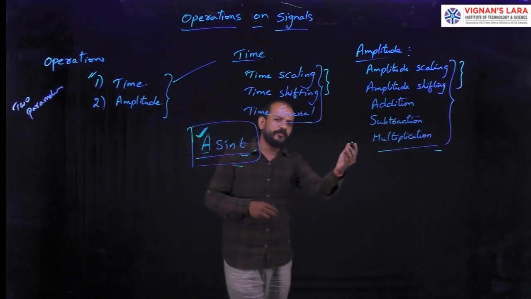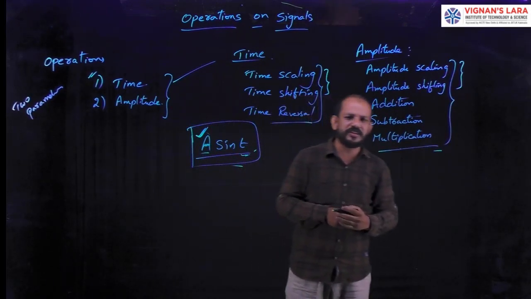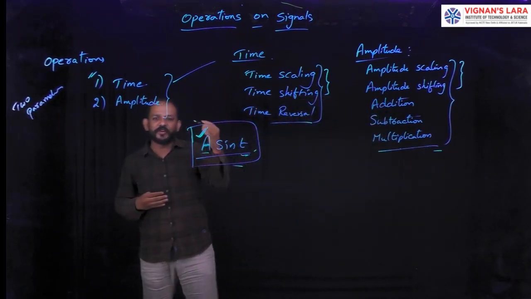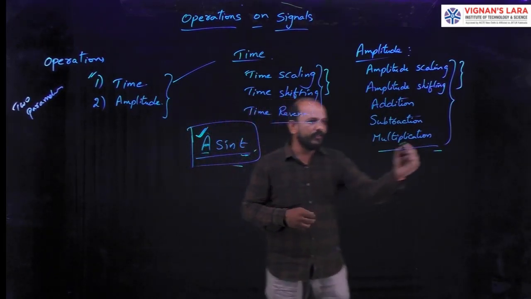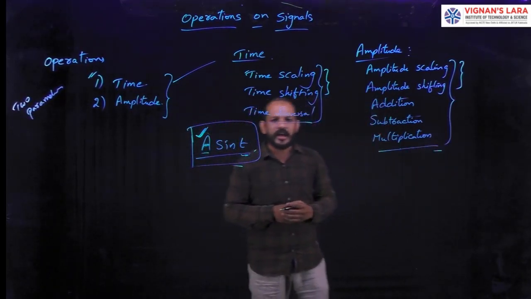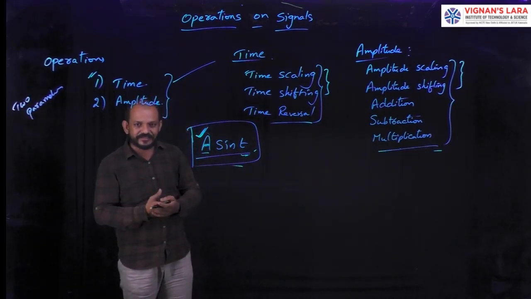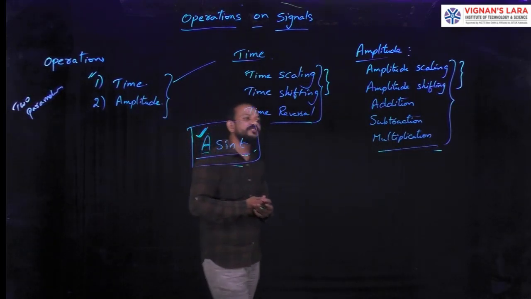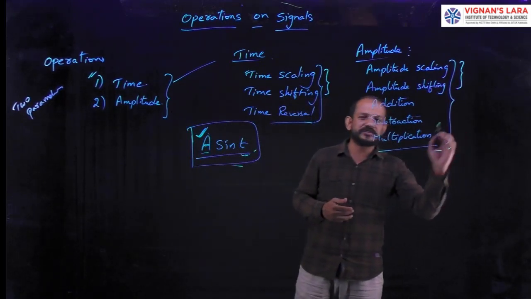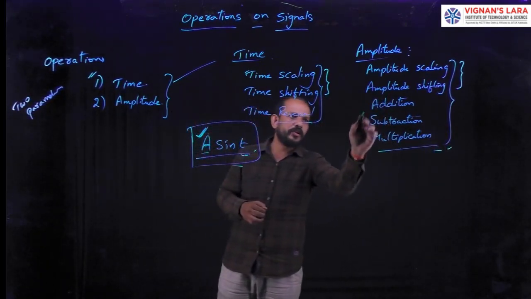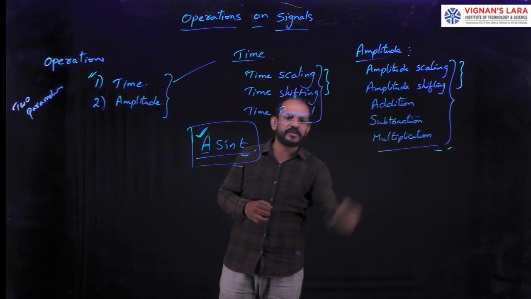And if I want to perform subtraction on two continuous signals, then I have to subtract one signal from the other signal at every instant of time. In the same way, if I want to perform multiplication, I have to multiply the values of the two signals at every instant of time. So these operations are well known to you: addition, subtraction, and multiplication.